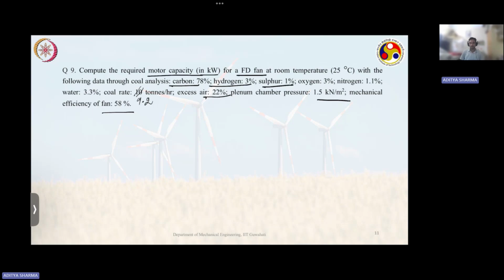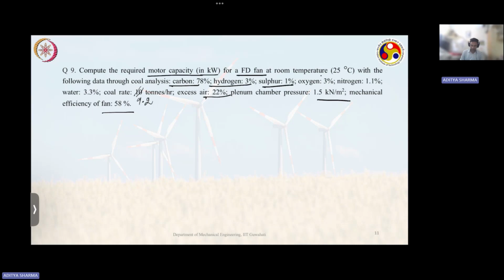Okay, so we can start with the session, correct? So we have a numerical in our hand. We need to compute the capacity of a motor that is required to run a fan, that is forced draft fan.